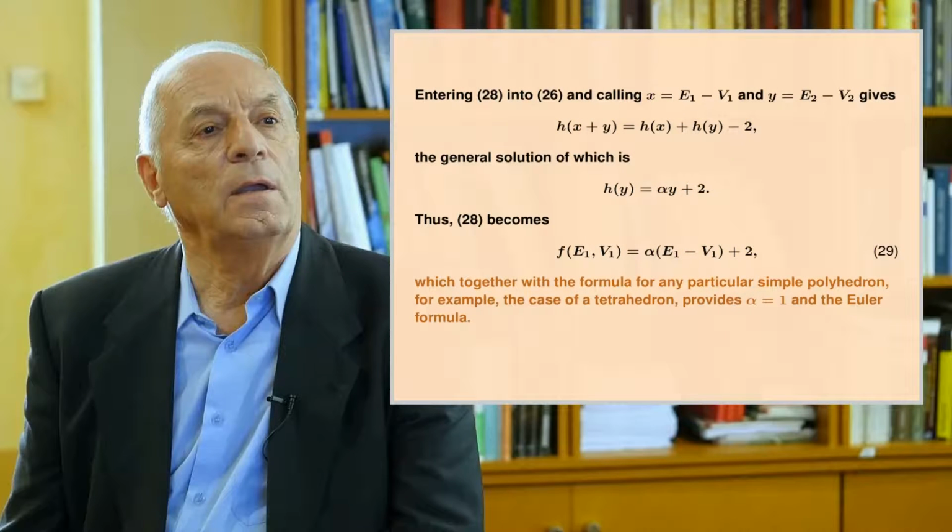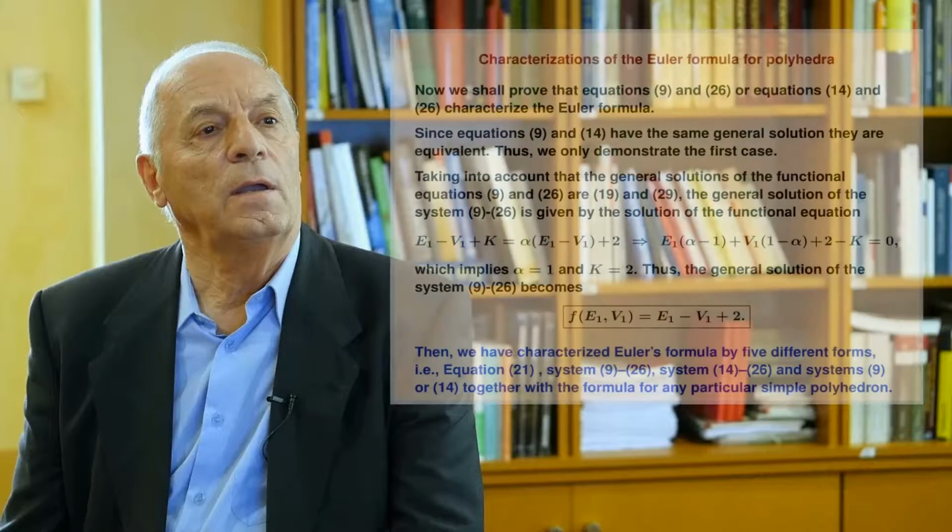Entering 28 into 26 and calling x equal to e1 minus v1 and y equal to e2 minus v2 gives the modified Cauchy's equation with indicated solution. Then equation 28 gives expression 29, which together with the formula for any particular simple polyhedron, for example the case of a tetrahedron, provides alpha equal to 1 and the Euler formula.